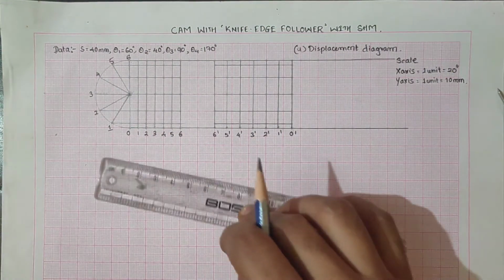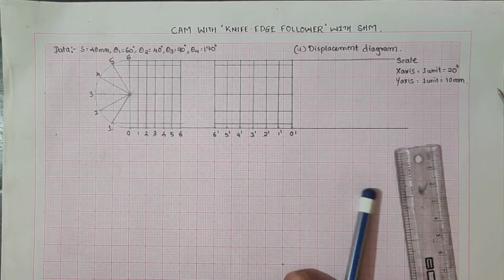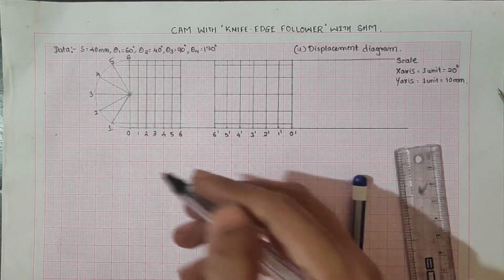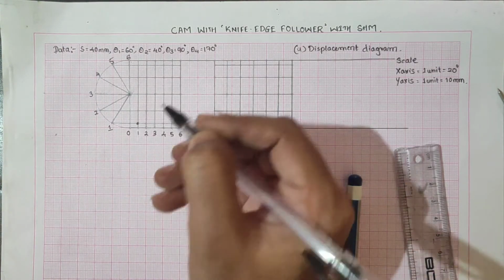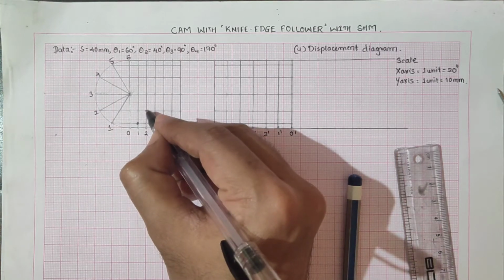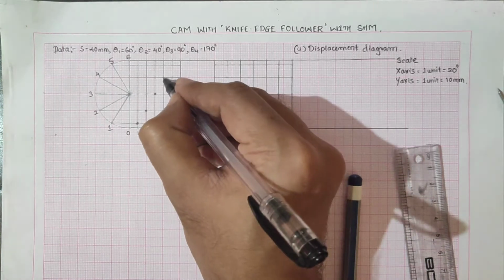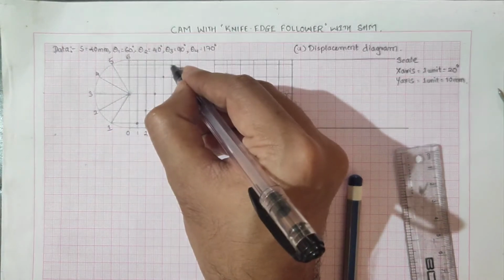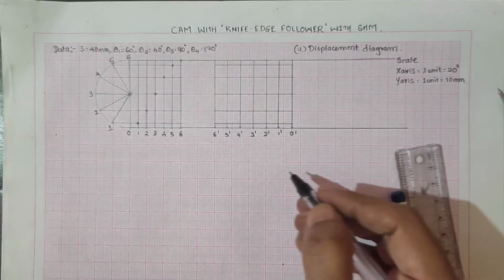So we have finished the projections of the lines. Now we have to identify the point of intersection. One intersecting with the one point, two, 3, 4, 5, and 6 at 6.